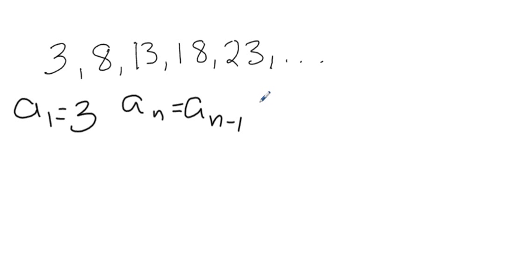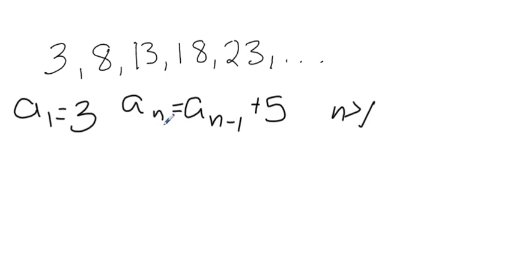And then I'm adding 5 to that value. So this is a recursively defined function. We know a static initial value and then how to find out any successive term. And again, this is for our n values greater than 1.